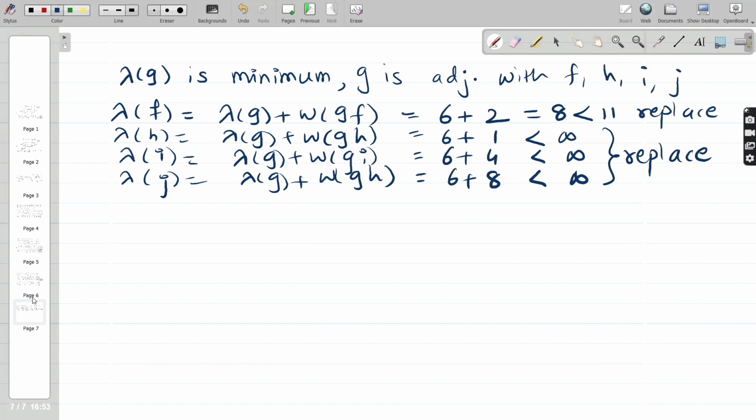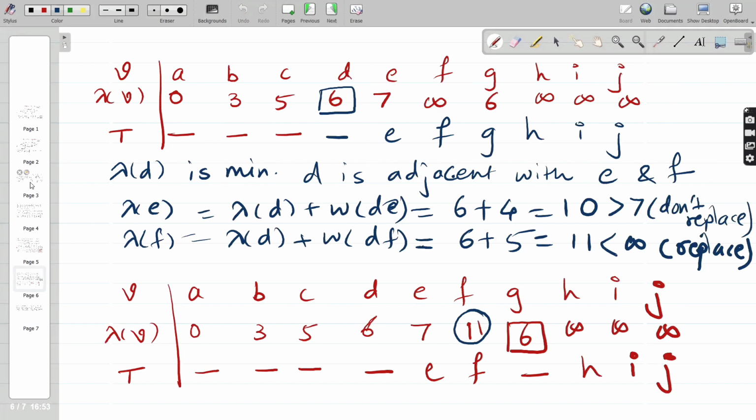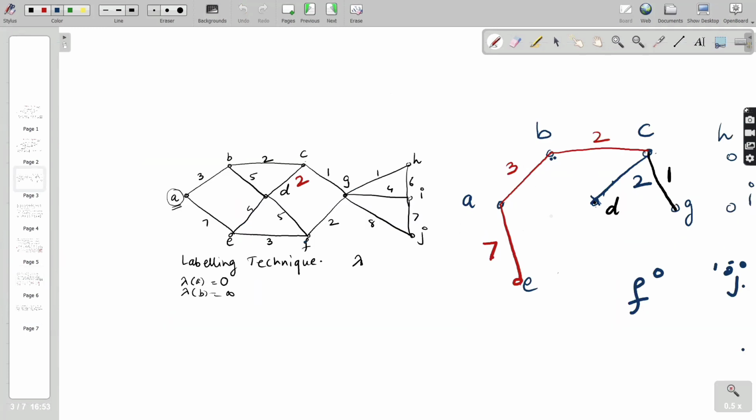That means if I include G in the path from A to F, that will give me a path with a smaller distance than 11. Earlier, what were we including?